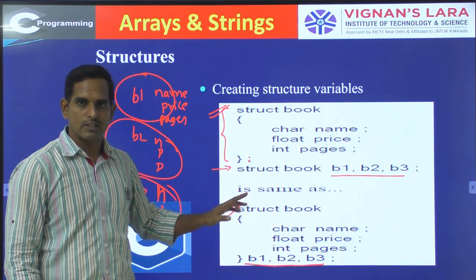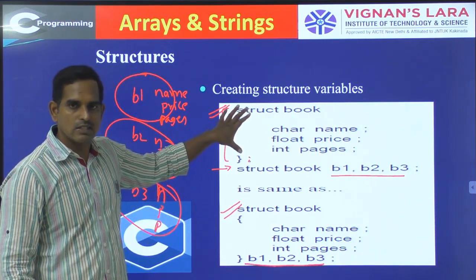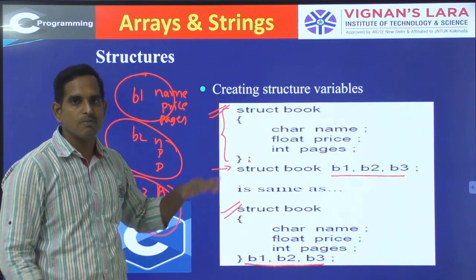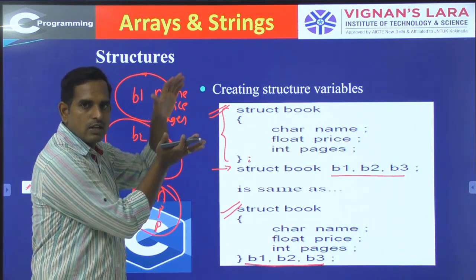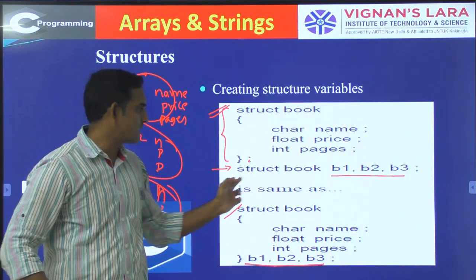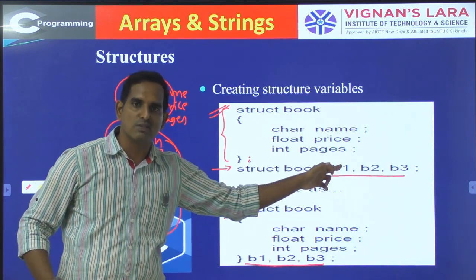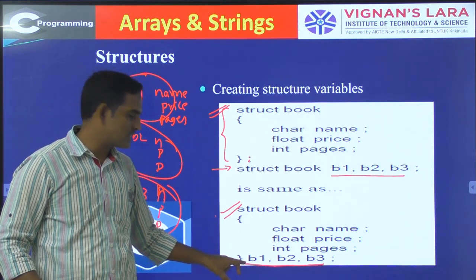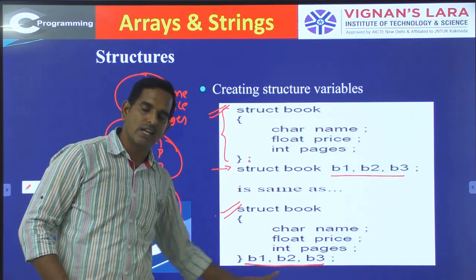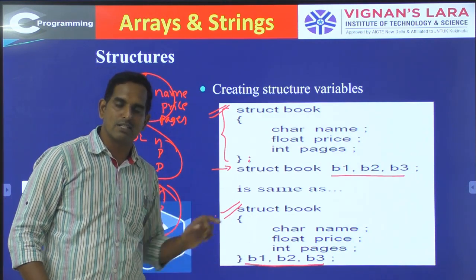Both are valid. Once after creating the structure, you can write this structure before main also. Inside the main you can create the variables in this manner, or you can create the structure variables while declaring itself.